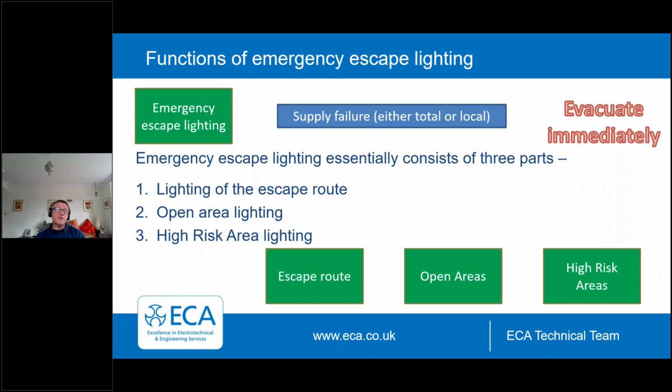But we may well be in other areas too, and those other areas are defined as open area lighting or general congregation area for staff. It could be a canteen, for instance, or high risk area lighting. Typically, this would be in industrial around machines, but not necessarily only that type of scenario. But you have different implications for these different areas, which we'll look at shortly.